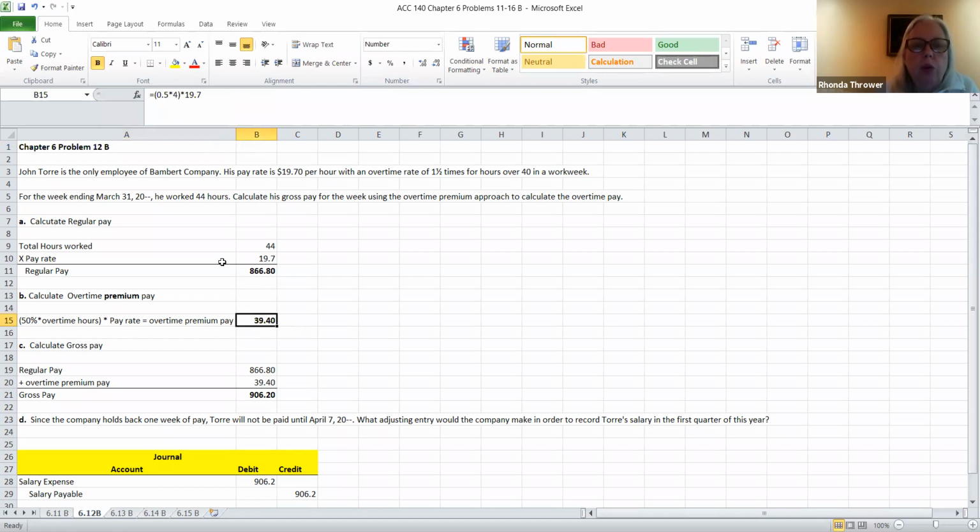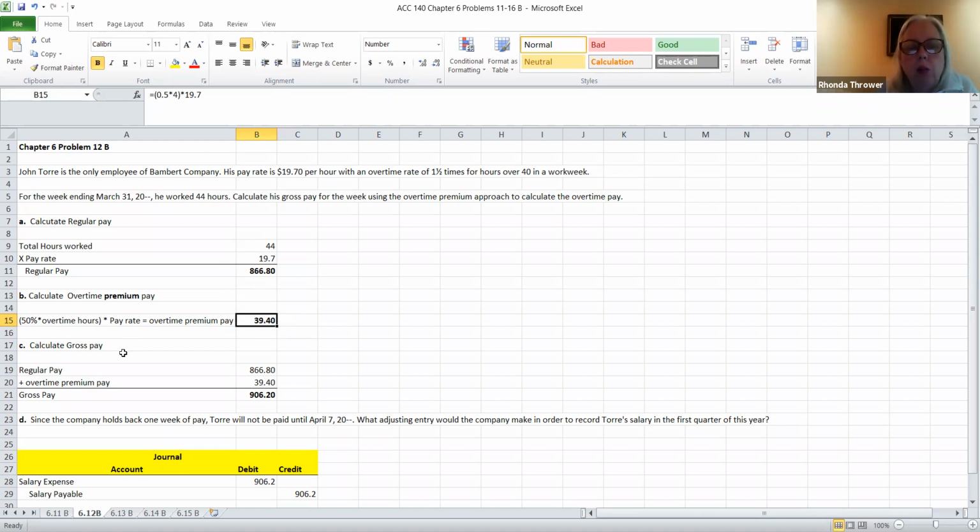So in other words, we took 50% of the overtime hours. There were 4 hours of overtime that they worked above 40. So 50% of 4 hours, and then we would multiply that by the regular pay rate, which is $19.70. That will give you the overtime premium pay.